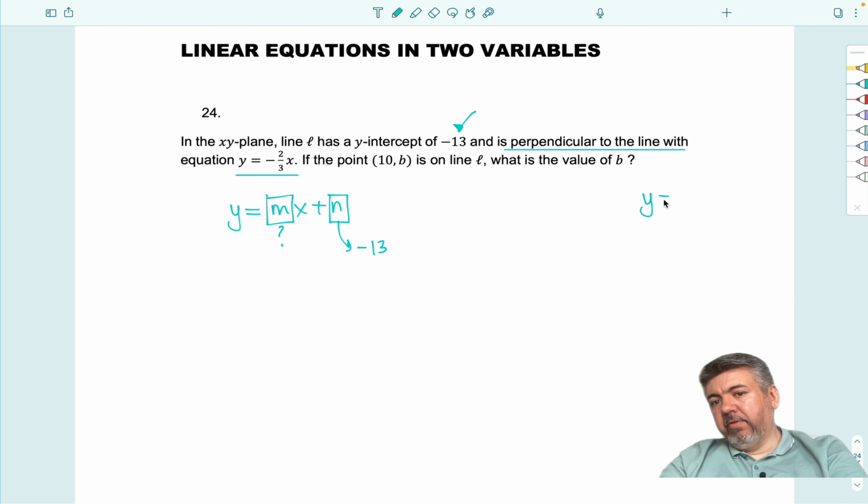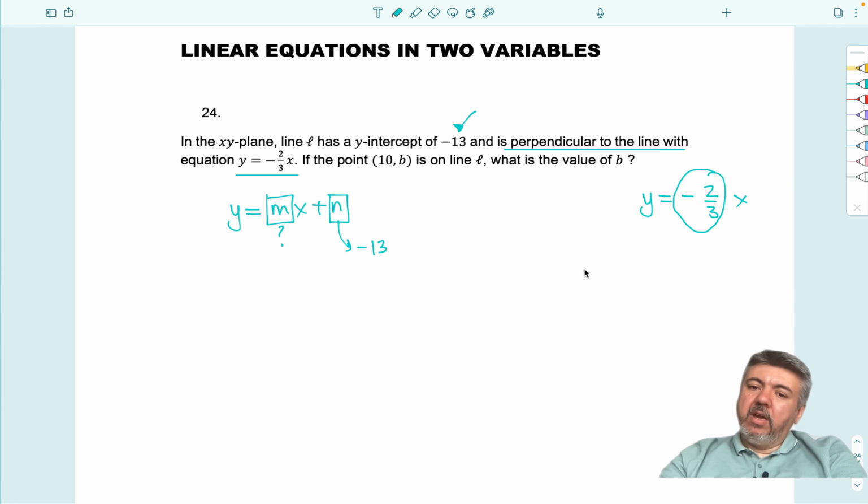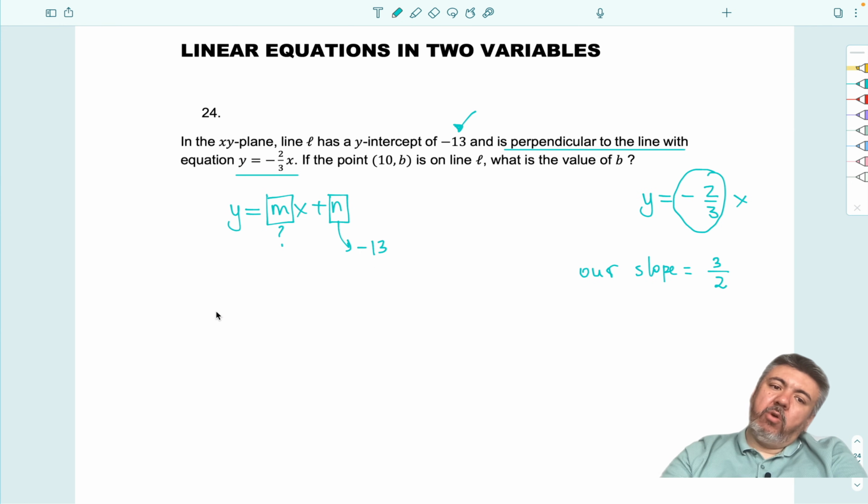We know another line whose slope is -2 over 3. Our slope is the negative reciprocal, 3 over 2. Yeah, their product is -1. So our equation is 3 over 2 x minus 13.